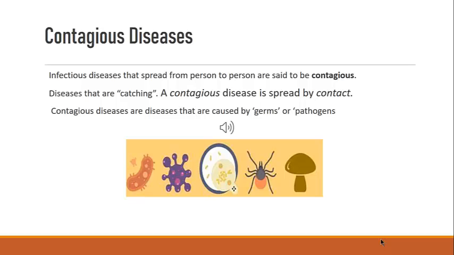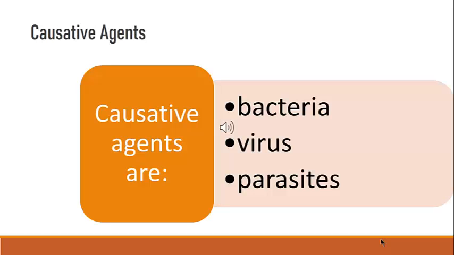These diseases are caused by germs and pathogens. Pathogens include bacteria, fungi, and viruses. Causative agents are the agents which cause the diseases. These are bacteria, viruses, and parasites. Students, do you know what parasites are? Parasites are the organisms which live on other organisms for their benefit, and as a result, they produce the disease in the organisms.